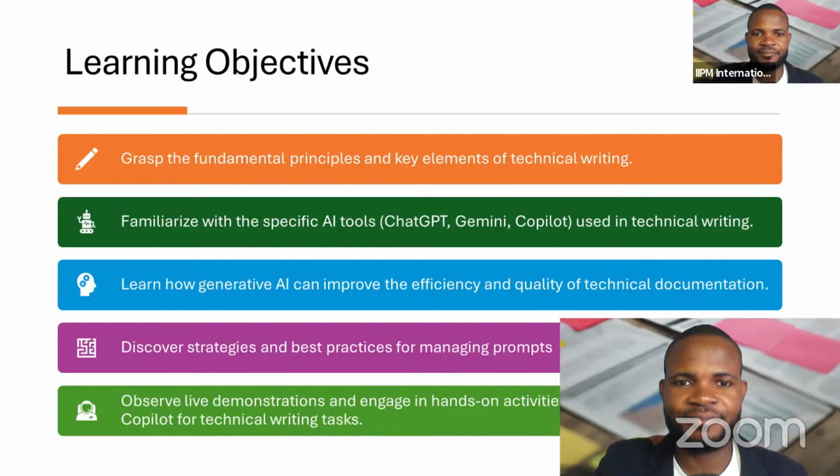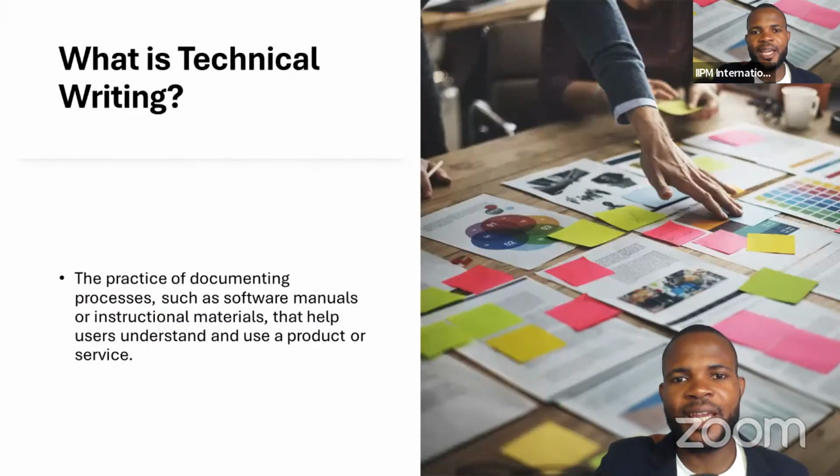All right. So I will begin by asking the question: what is technical writing? Now, we need to understand the basis of our discussion so that it will help us moving forward.